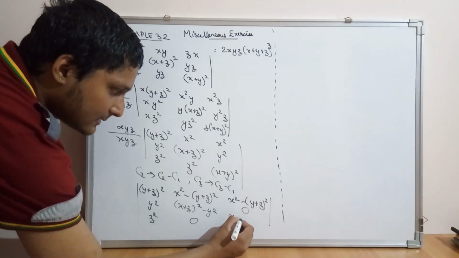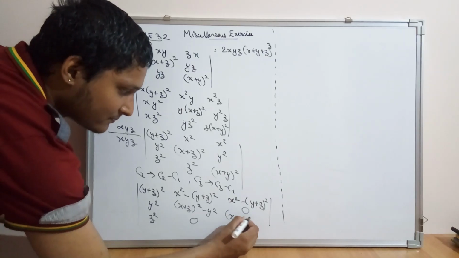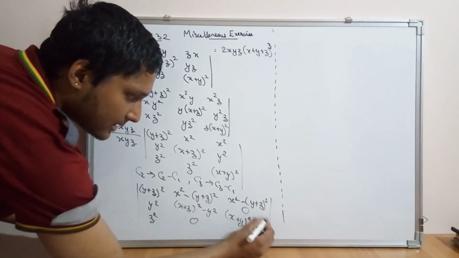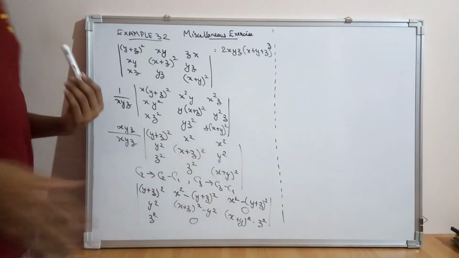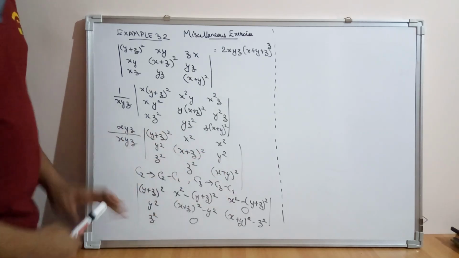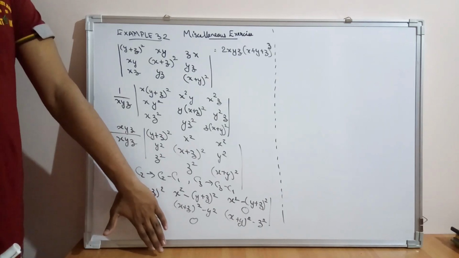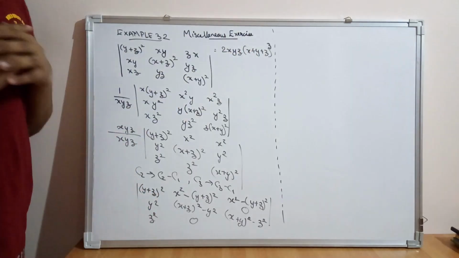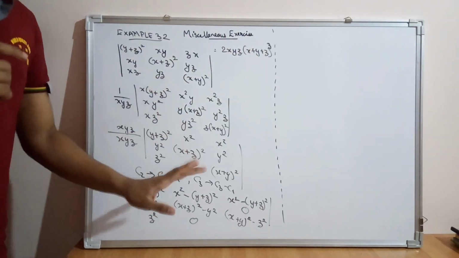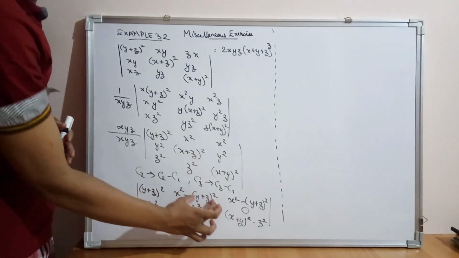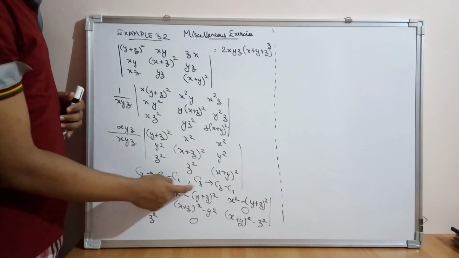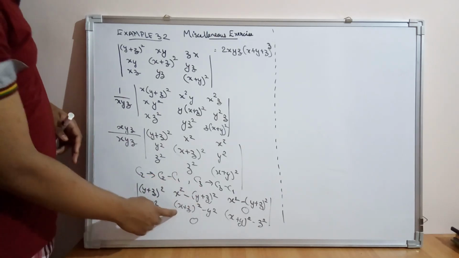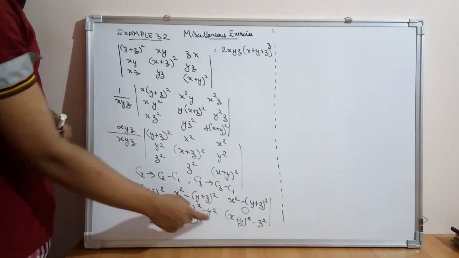Here you have (x plus y) whole square minus z square. Okay, we need to be very careful in this. So we have so many squares. So we need x plus y plus z. We have a square minus b square form. If I consider this whole thing inside the bracket as b, I can consider this a square minus b square term. Similarly, we get here also a square minus b square.